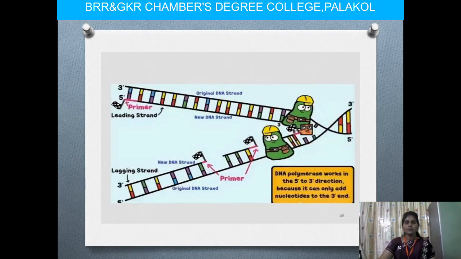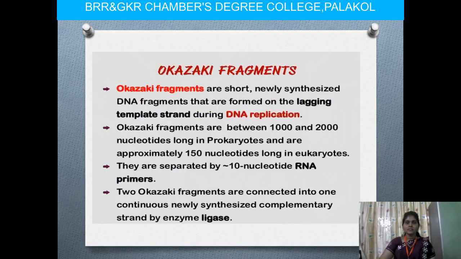Okazaki fragments are between 1000 to 2000 nucleotides long in prokaryotes and approximately 150 nucleotides long in eukaryotes. The RNA primers are removed, and two Okazaki fragments are connected into a continuous newly synthesized complementary strand by the enzyme ligase.